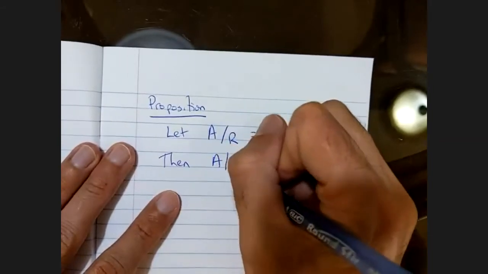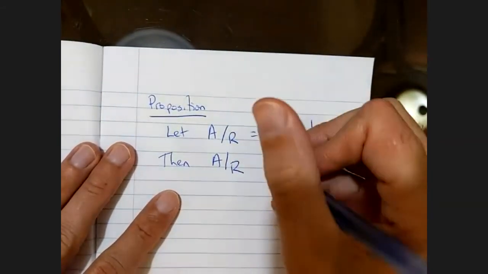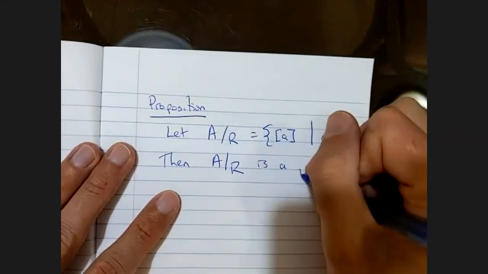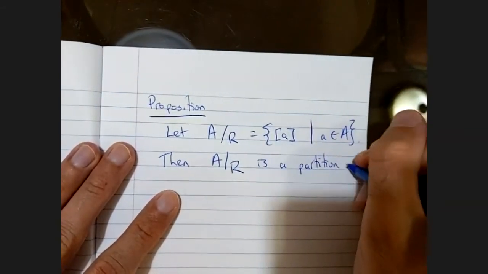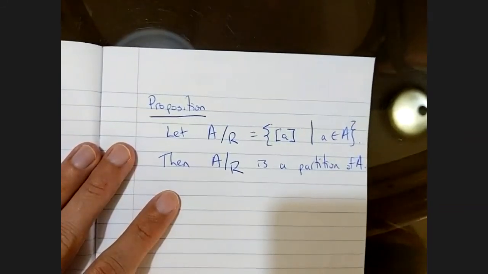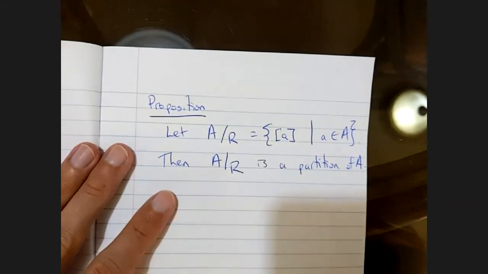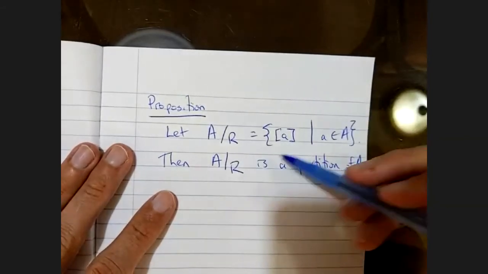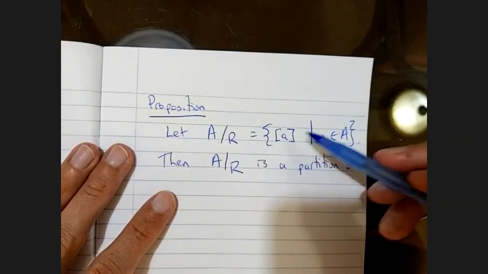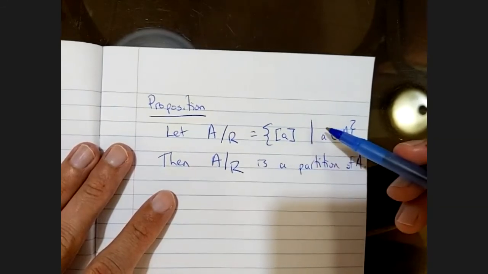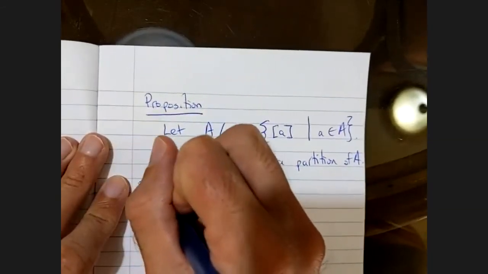Then the set of equivalence classes is a partition of A. The trickiest part of proving that the equivalence classes form a partition is showing that different equivalence classes are disjoint. Okay, so proof.